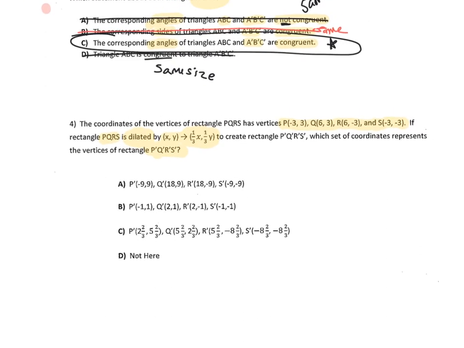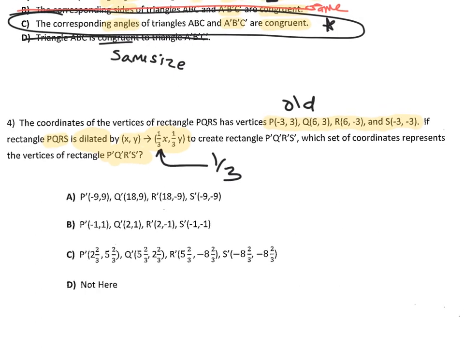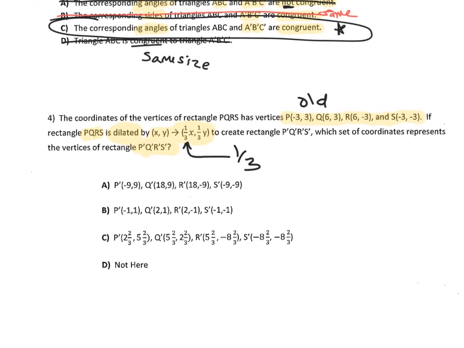So just like on that paper we did, these are our old points. They gave us basically the scale factor. So always that number that's being multiplied by x and y, that's your scale factor. So we're looking for the new coordinates. So we're gonna take the first set, the old set, and multiply each number by 1/3.